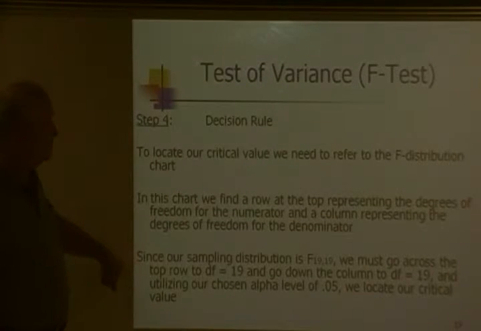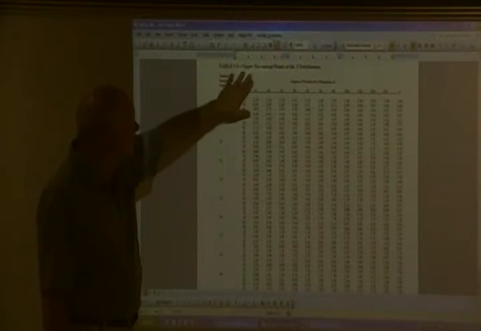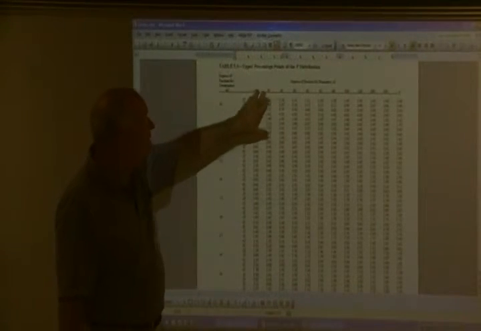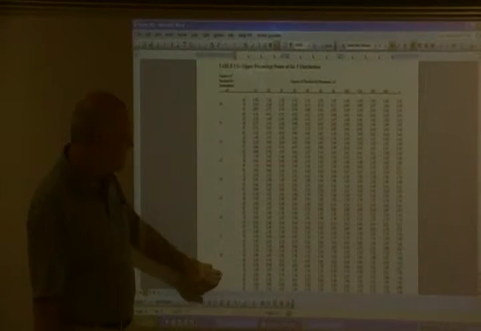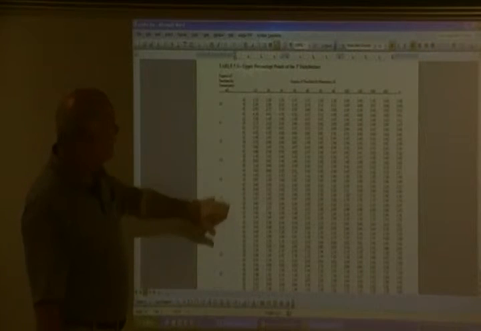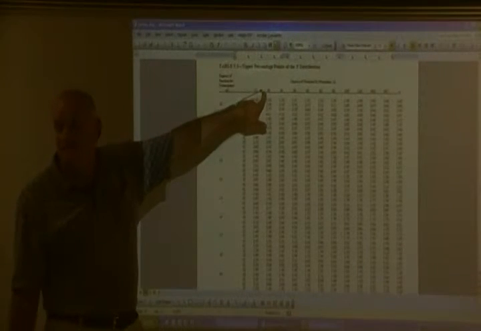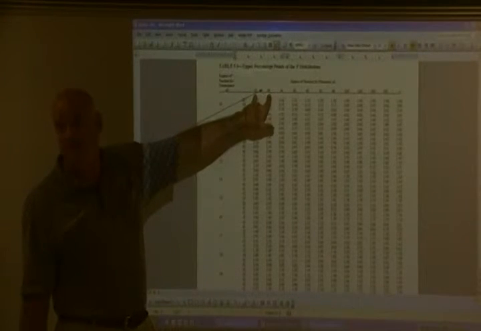For our sampling distribution F sub 19, 19, we go across the top row and then down the column to find those. Here's our F table. Notice it's table 5.3, where we find 19 up here and also 19 down here. But again, we don't have 19 in the numerator. It's somewhere between 15 and 20.